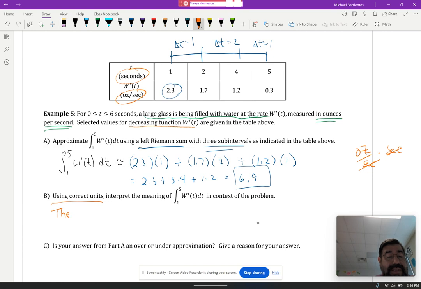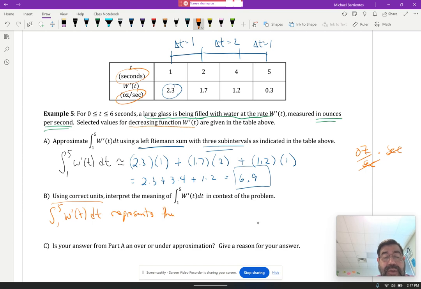So we can say this represents the total amount of water in ounces from time 1 to time 5.